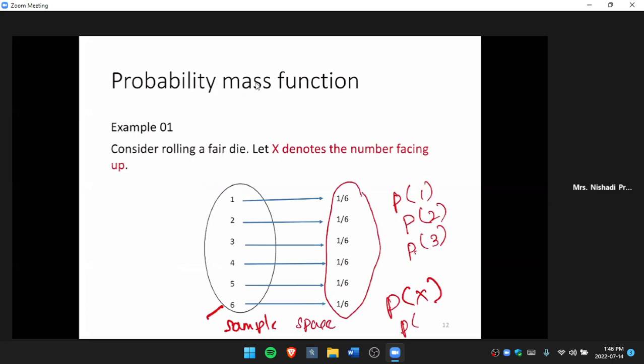Let's say the value of the random variable is 1. If we substitute 1 in the function, it should give the probability 1 over 6. If we substitute x equals 2, again it should give 1 over 6 because it has equal probabilities. Understand?